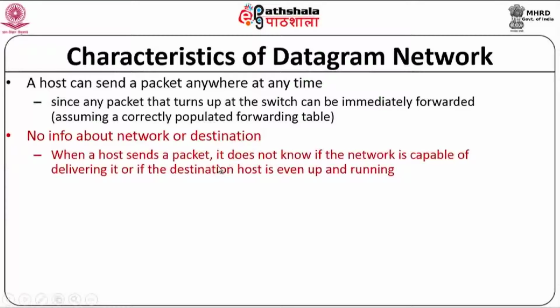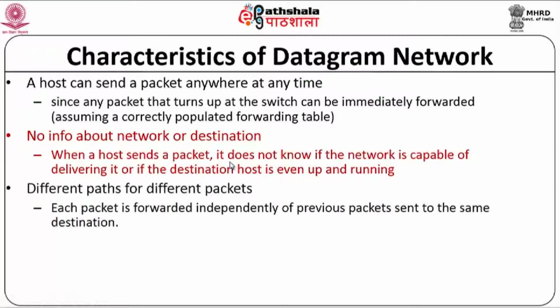When a packet is sent into the network, the host has no idea about the network or the destination. It does not know whether the routers are okay, whether the network is up, or whether the destination machine is up and ready to receive packets. None of this information it knows. So you just send packets into the network.